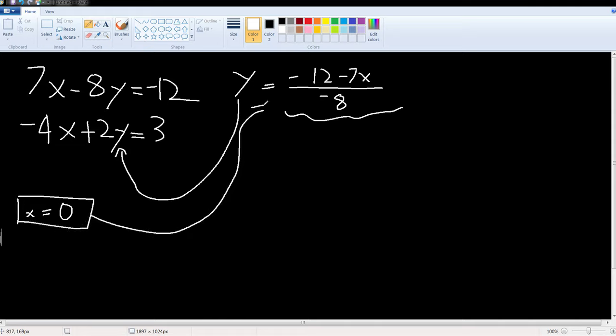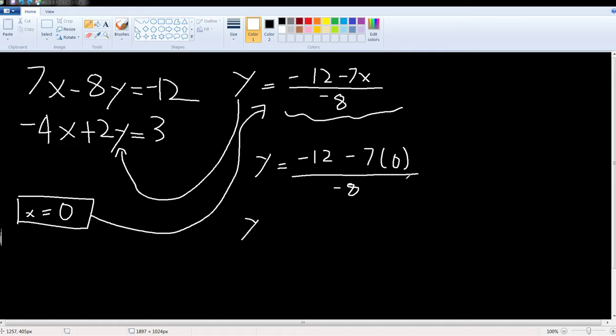Remember, in this equation that we solved for in the very beginning, we have y is equal to -12 minus 7x over -8. So we just plug in x equals 0 into this equation. We get y is equal to -12 minus 7 times 0, because that's where the 0 is, all divided by -8.